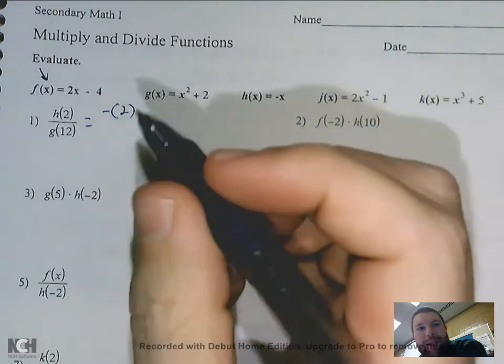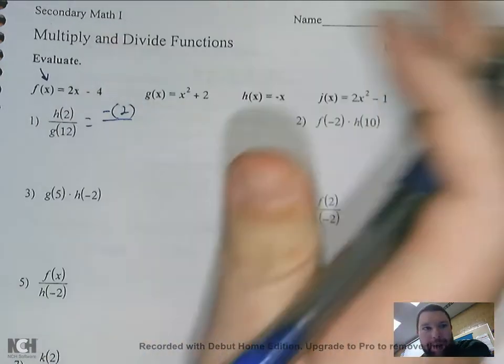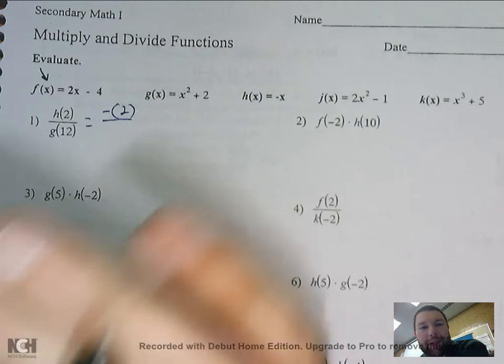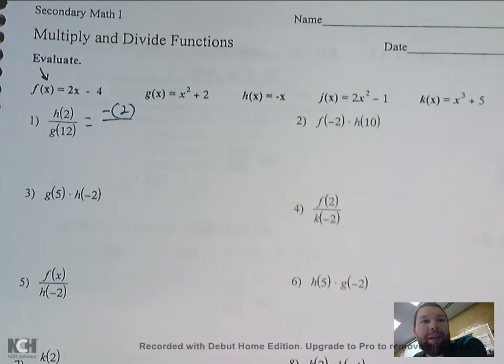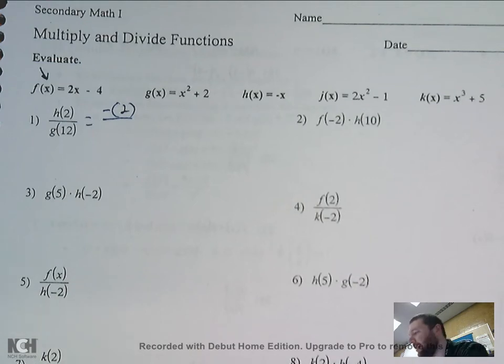And when I plug things in, I always put it in parentheses. Okay, even though I know it's going to be negative 2, I'm going to put it in parentheses because that's a good habit to have. Because parentheses help us keep things straight and do the proper order of operations, basically, with these functions. It's very important that you use parentheses with function notation.